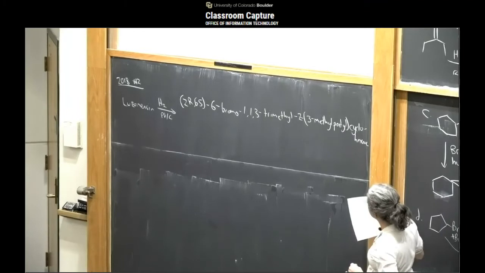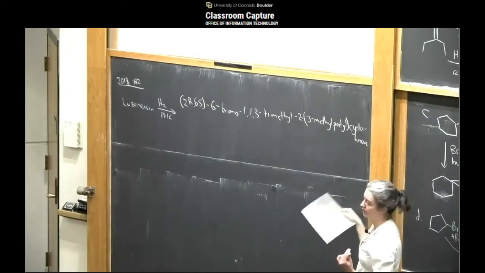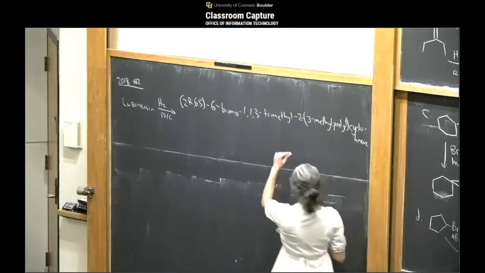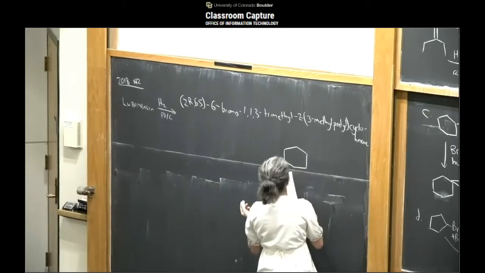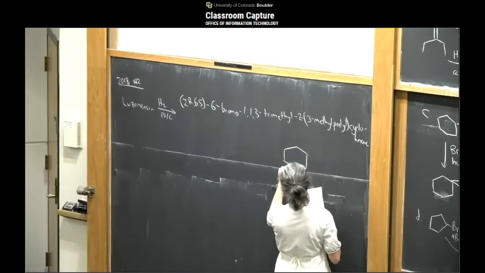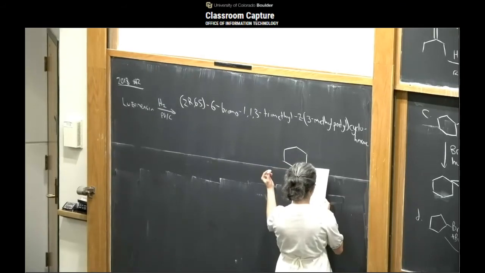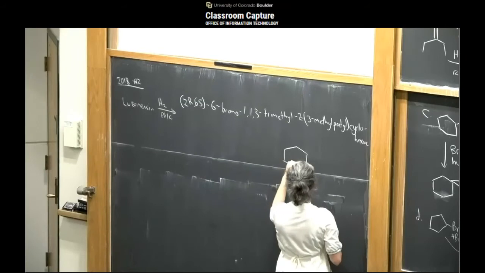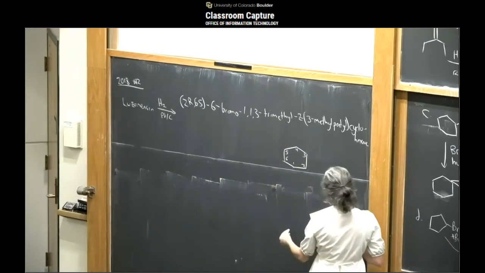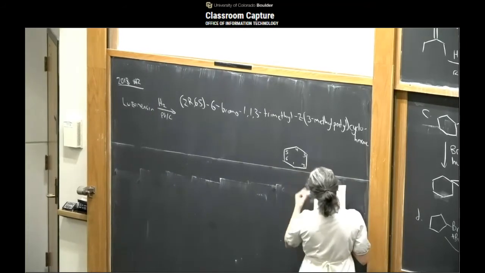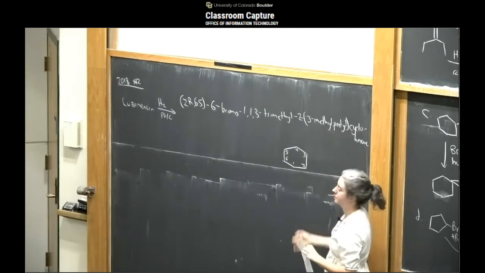Okay, so let's figure out what this looks like. Working backwards from the parent part of the molecule and then sticking groups on. We got a cyclohexane. Let's number carbons 1, 2, 3, 4, 5, 6. Carbon 2 has this compound group with its own substituents, a 3-methylpentyl group coming off of there.